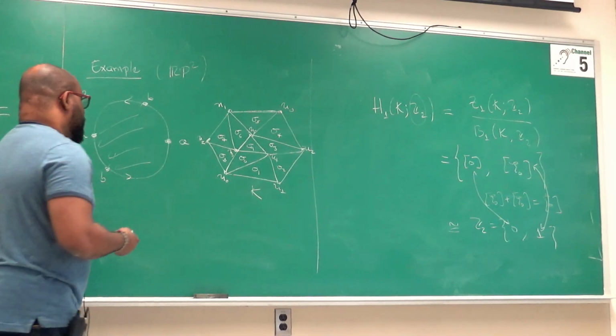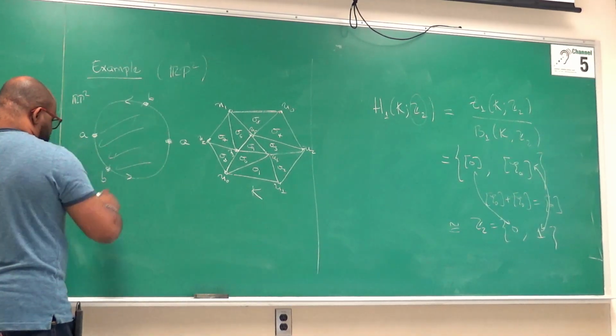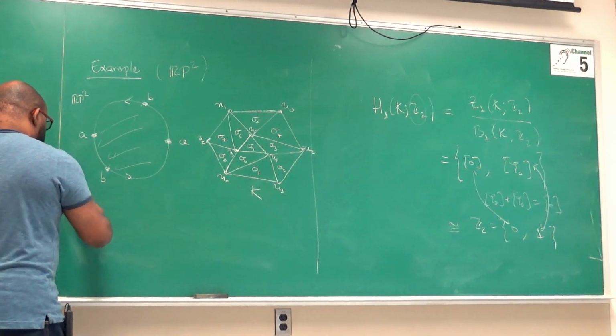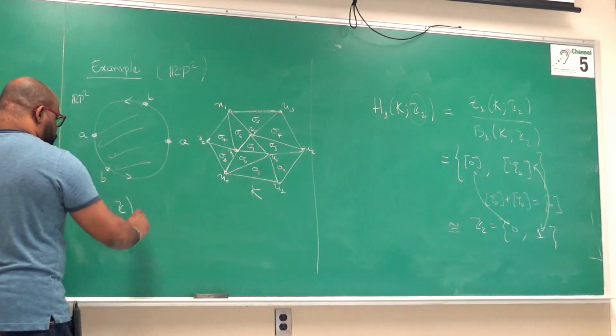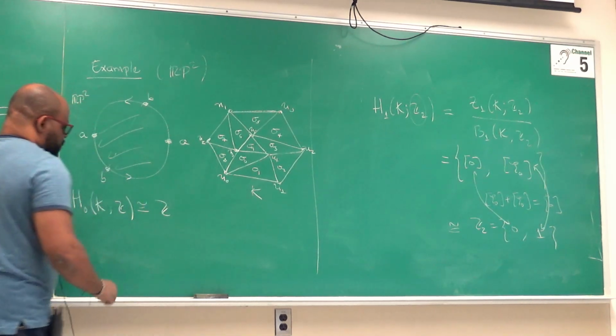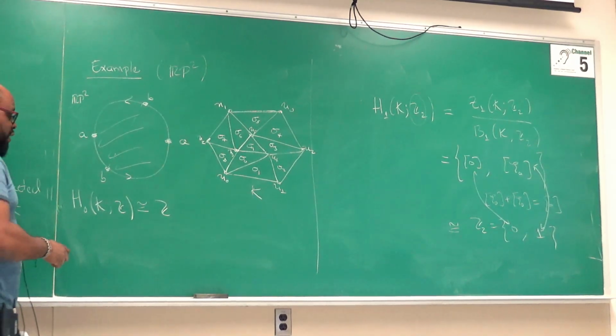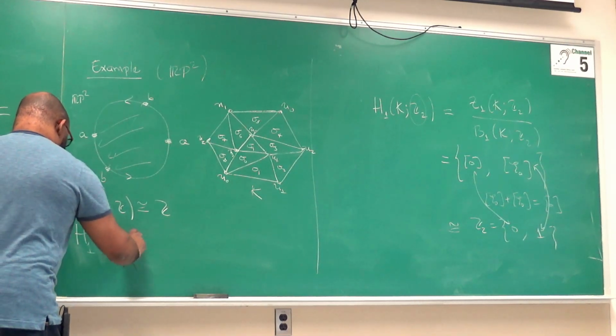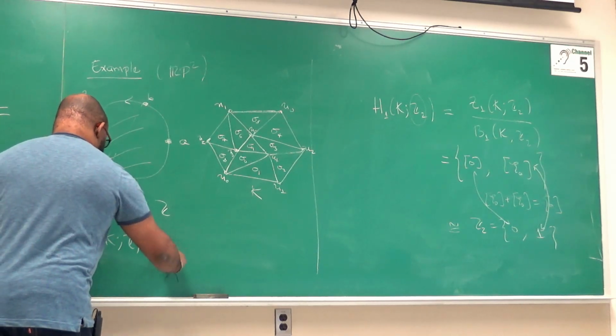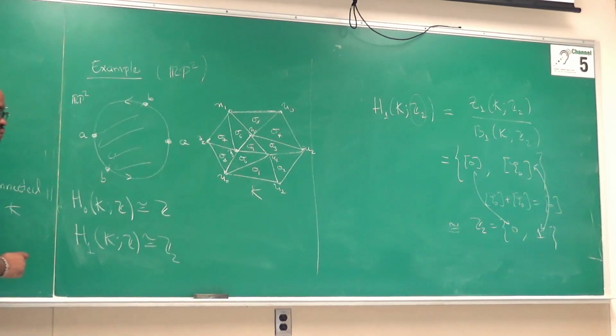We already did the integer version at least. We computed that H0 of K was Z, right? Because it's path connected, so only one connected component. H1 of K, we computed it as Z mod 2, right?